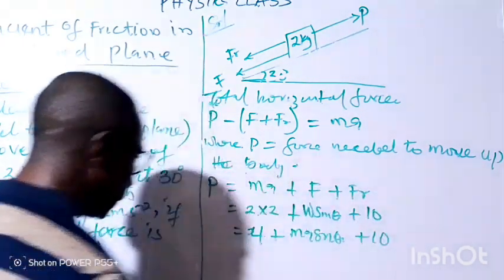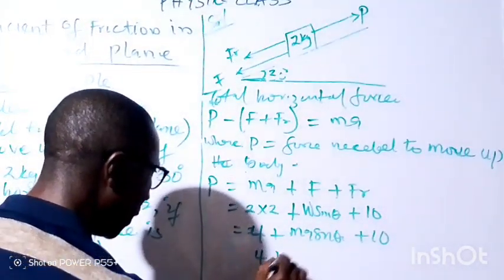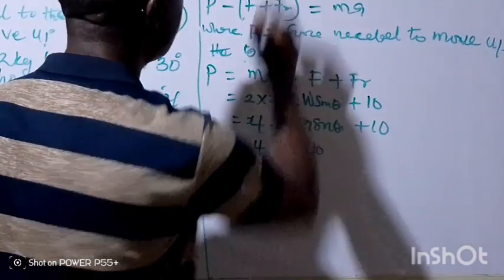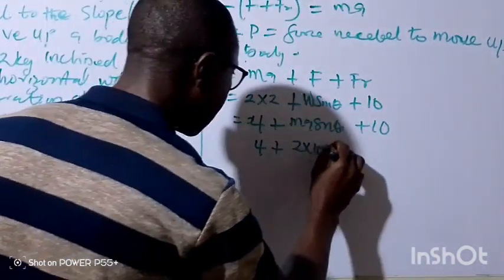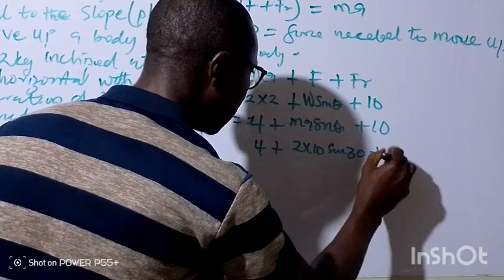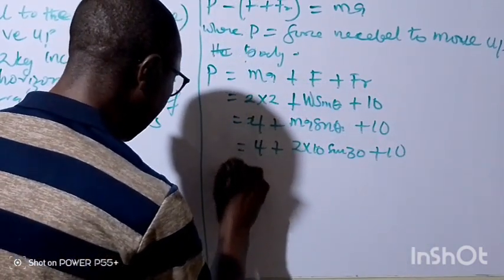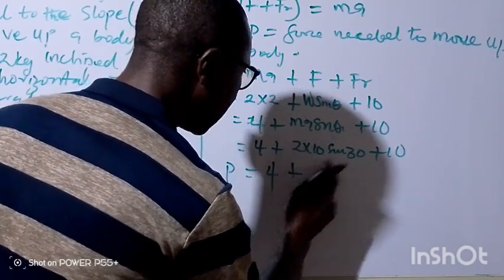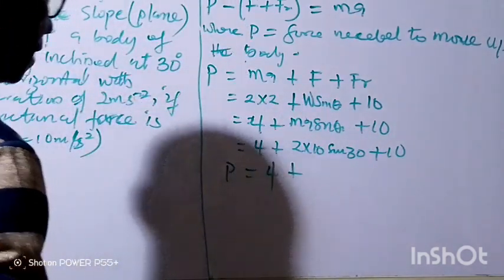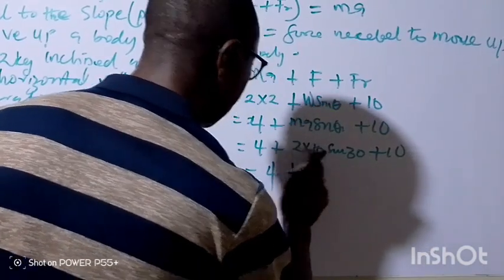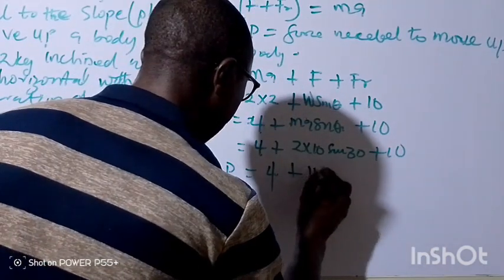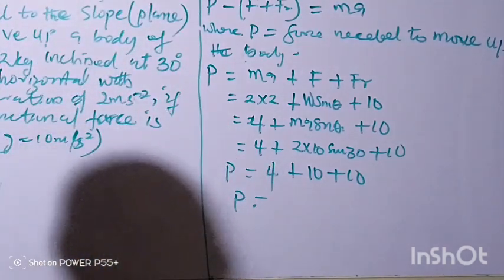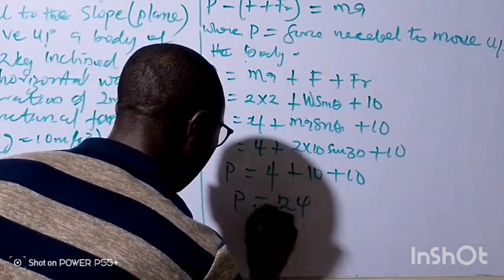So this will be 4 plus 2 multiplied by 10. Angle of inclination is 30 degrees. So that's sine 30 degrees plus 10. So the force needed will be equal to 4 plus, this is 20 multiplied by 0.5. That will be 10. 20 multiplied by sine 30 is 0.5. That will be 10 plus 10. So the force needed to move up this body will be equal to 24 Newton.